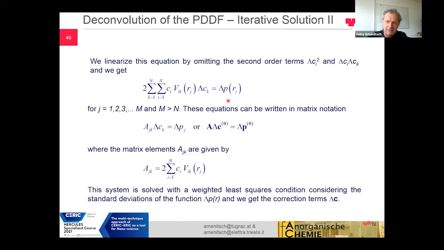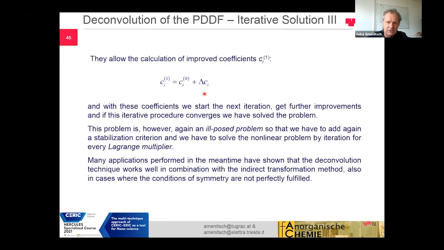You end up omitting second order terms and cross terms, with a linear equation, where this is the difference term, and this is the difference for the new iteration, and this is the term for the overlap integrals, which you have to take into account in this linear equation. So you end up with a linear equation where you have the matrix elements, and then you can start iteratively and try to improve the coefficients.